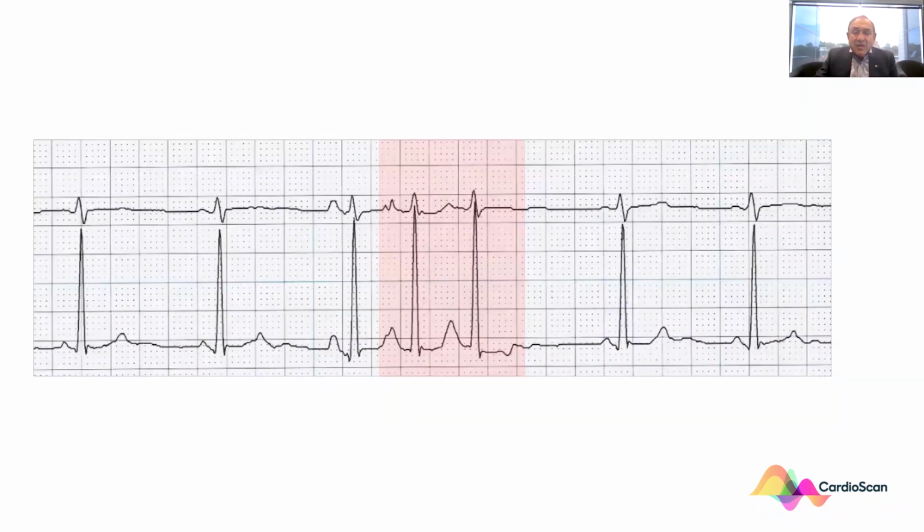And finally, look at this so-called couplet. There is, in fact, the beat before, in blue highlight, is an atrial fusion beat. It's an amalgam between the sinus beat and the atrial ectopic, both occurring virtually at the same time and therefore both contributing to the depolarization of the atrium.